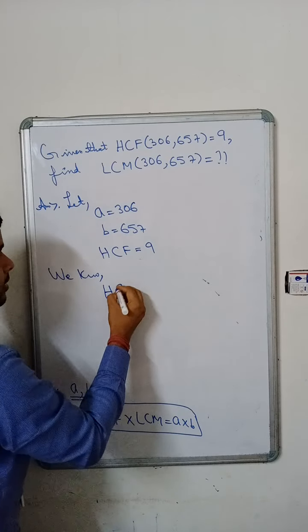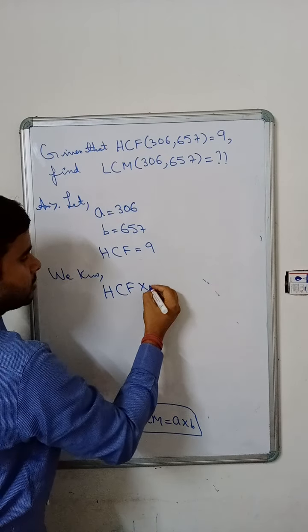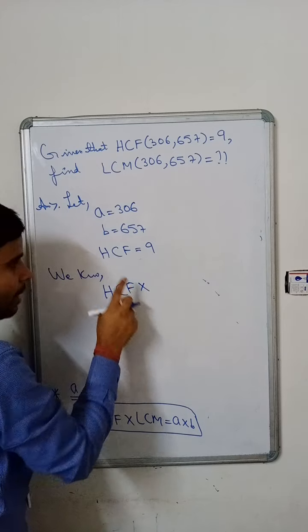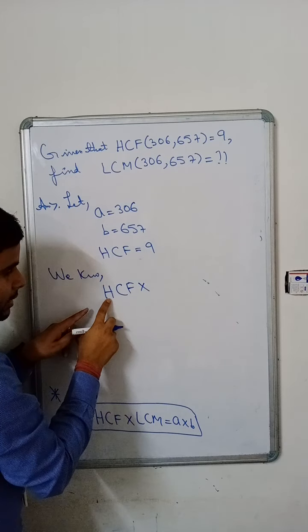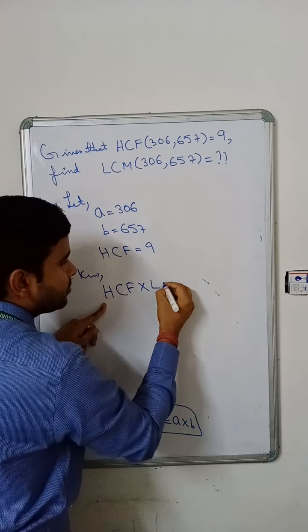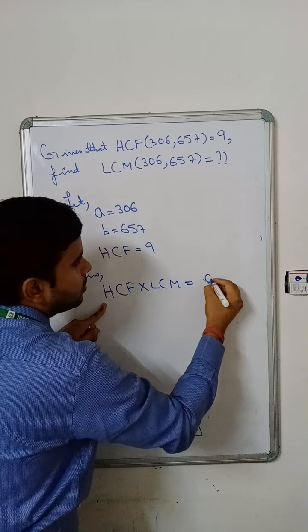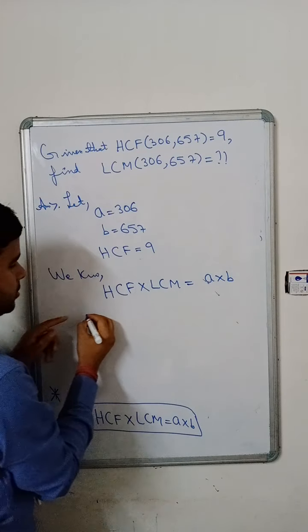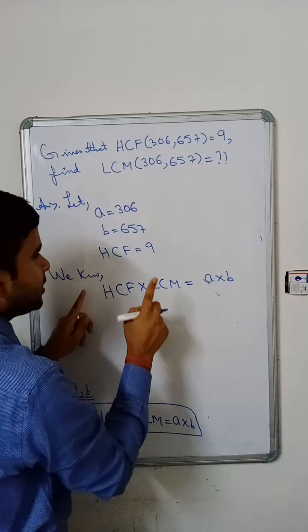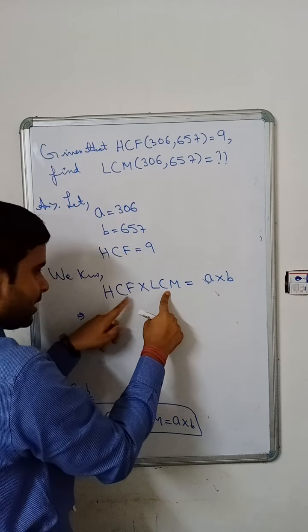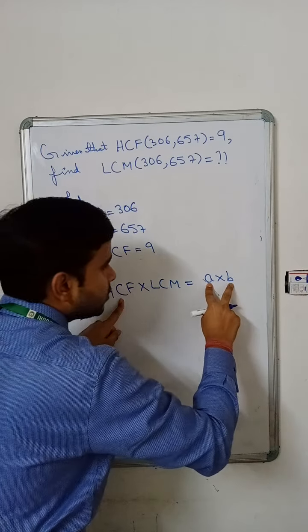And what is that? Suppose you have two numbers, then the product of HCF and LCM is equal to the product of the two numbers.